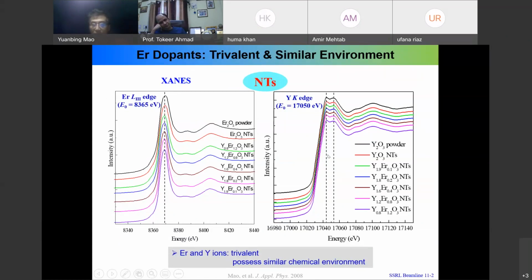And then from this yttrium K edge, we also can see this. From both of these, the data based on the erbium edge and the yttrium edge, we can see that these nanotubes all possess a similar chemical environment. So that's one important thing.